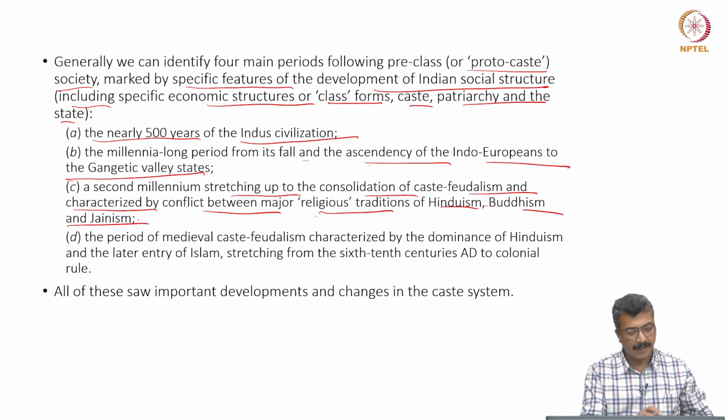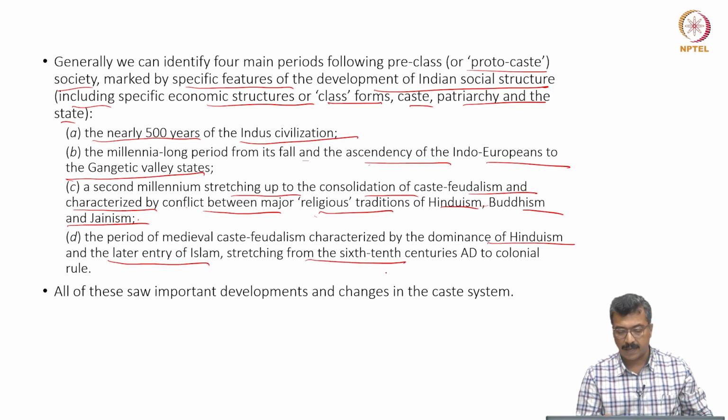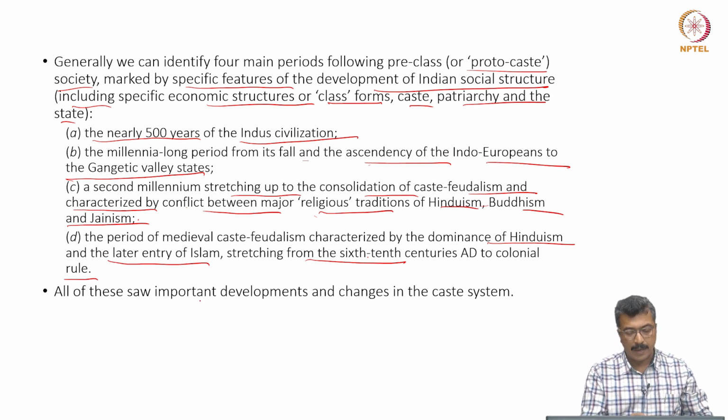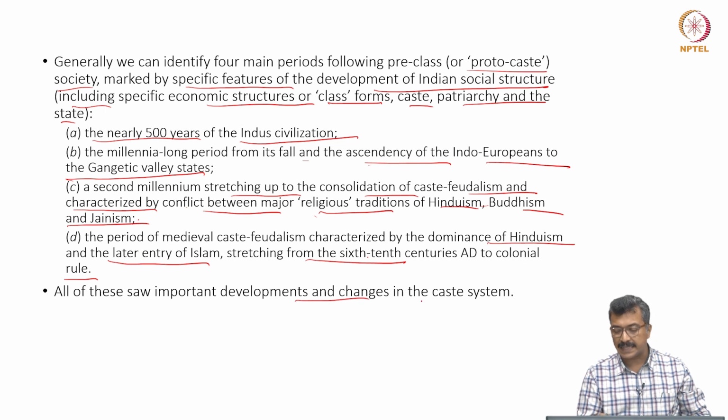And the fourth, the period of medieval caste feudalism characterized by the dominance of Hinduism and the later entry of Islam, stretching from the 6th to 10th centuries AD to colonial rule. And all these saw important developments and changes in the caste system.